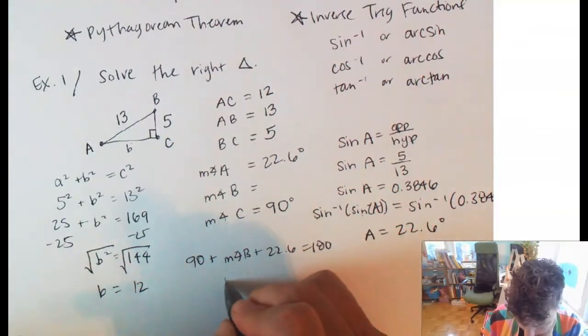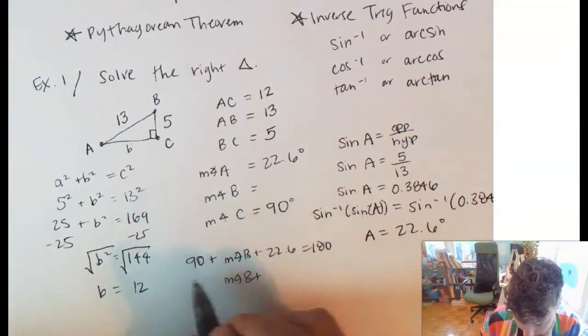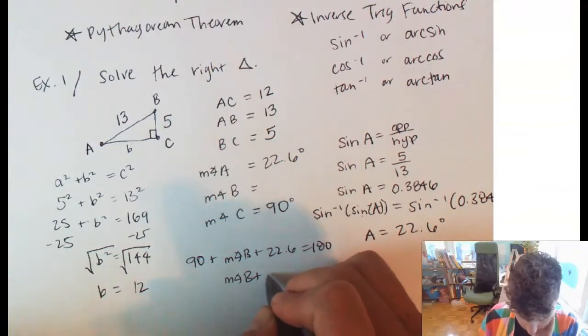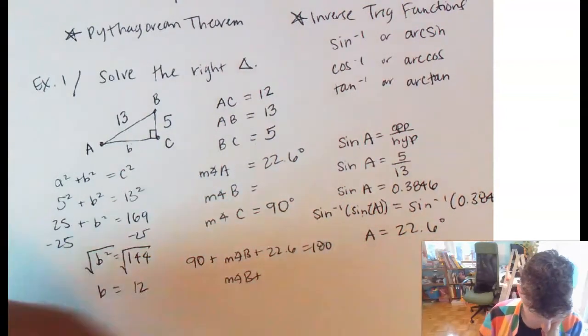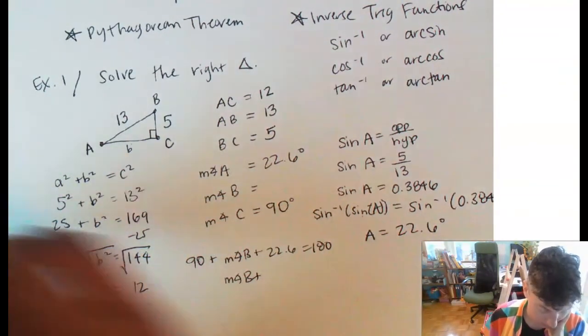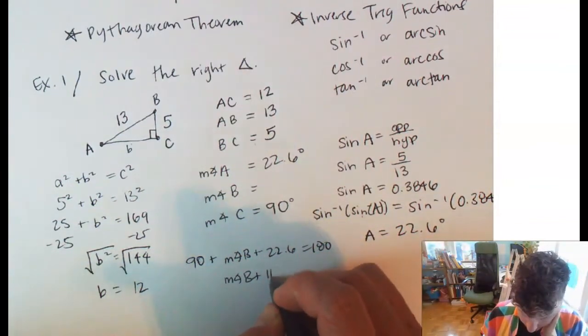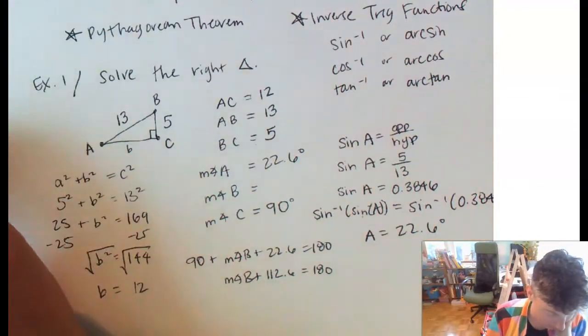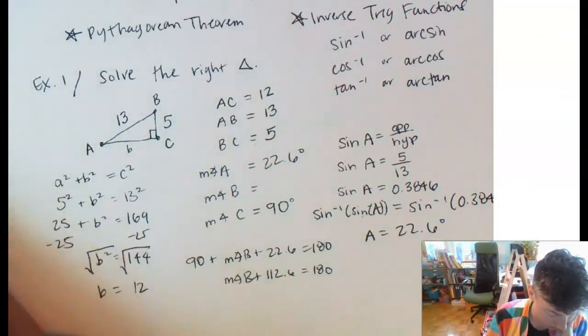So we get the measure of angle B plus 90 plus 22.6 is, what is it? I'm having too much of a hard time here. 22.6 plus 90. Good. 112.6 equals 180. You know, it's fine, use your calculator. 180 minus 112.6.